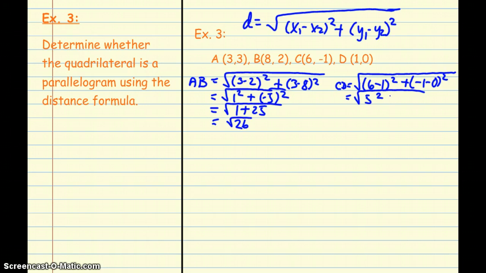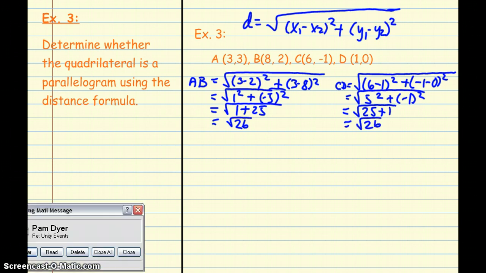So 5 squared plus negative 1 squared. This gives me 25 plus 1, which is the square root of 26. So as we see, both AB and CD have the same length of square root of 26.